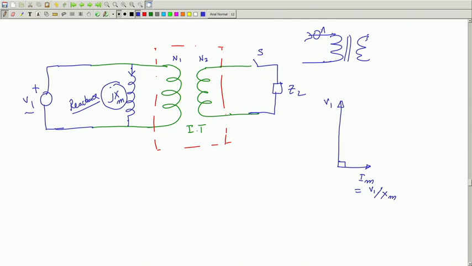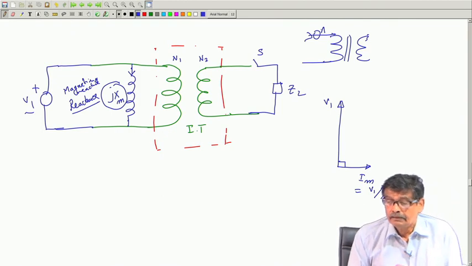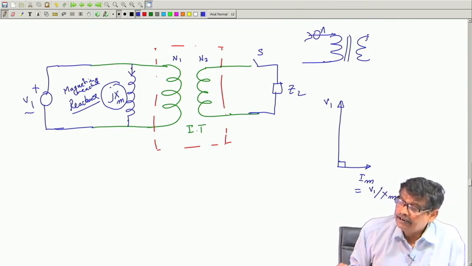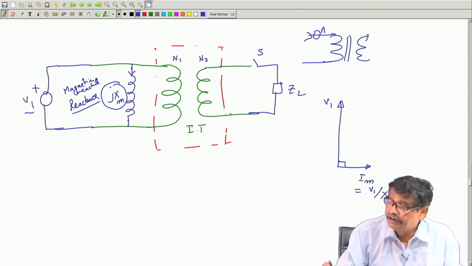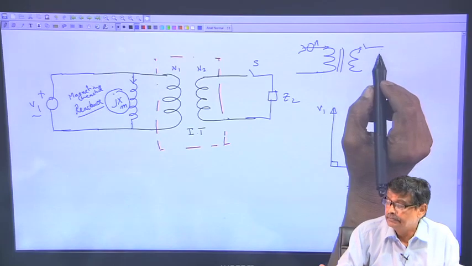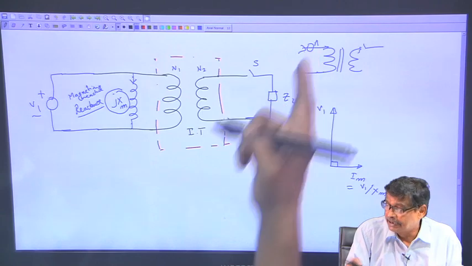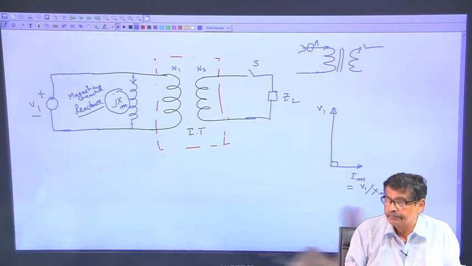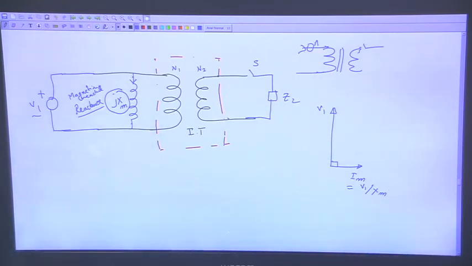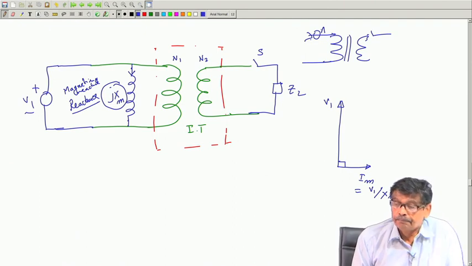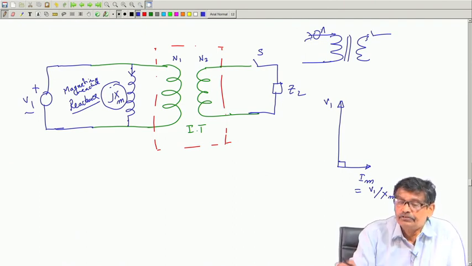So, Xm is called the magnetizing reactance. Therefore, how do I find that out? With S opened in a practical transformer, measure Im; V1 by Im gives you the value of Xm. I write it like this, with S opened.